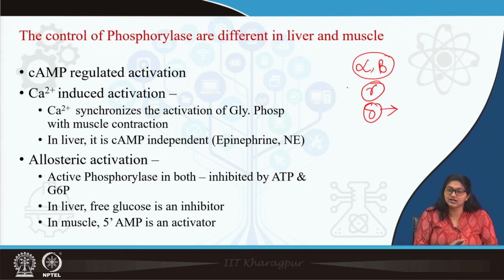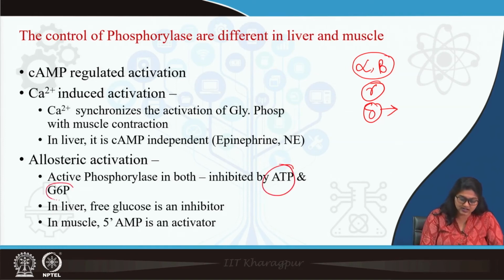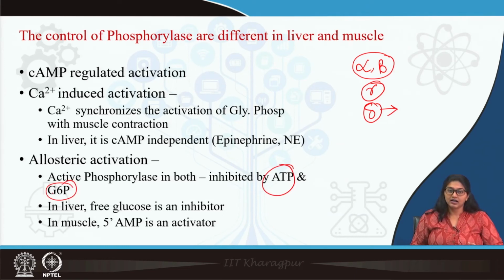Then there is allosteric regulation, which is also different in skeletal muscle and liver. In both organs, inhibition of phosphorylase occurs with the help of ATP and glucose 6-phosphate. These are common for liver and skeletal muscle. In skeletal muscle, I have already told that 5' AMP is an allosteric activator.